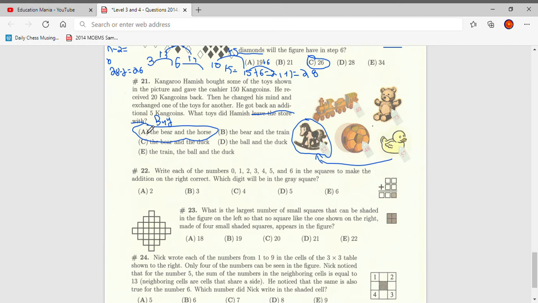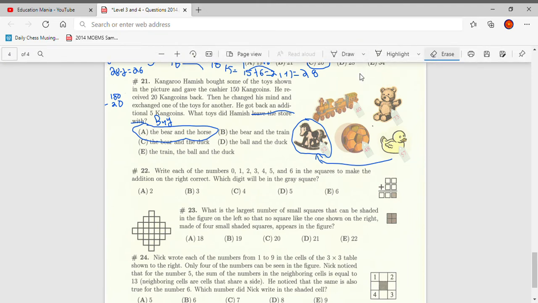But you can always verify this by plugging in bear and horse, which I'm going to do now. So first we can subtract 150 minus 20, then minus 5. That's the way we're going to get our answer. 150 minus 20 is 130.